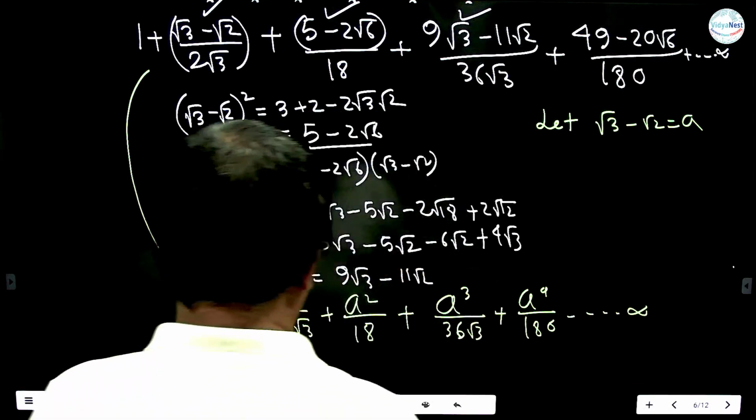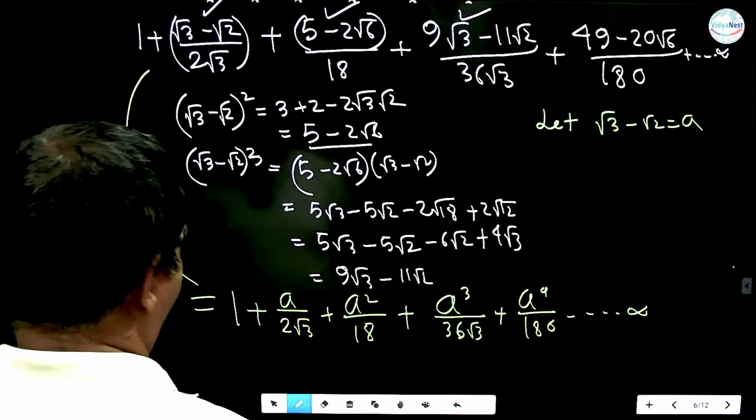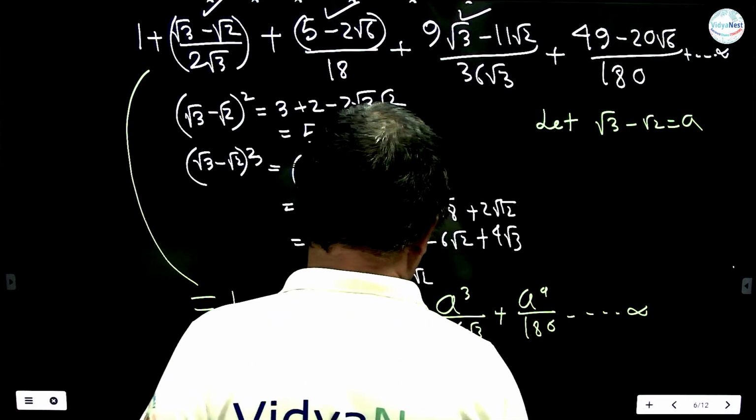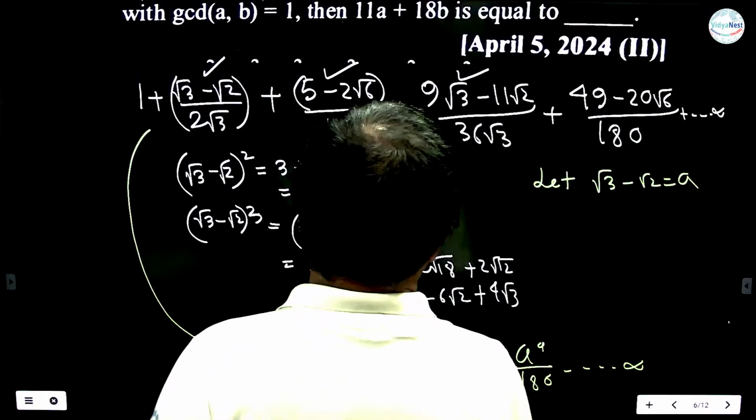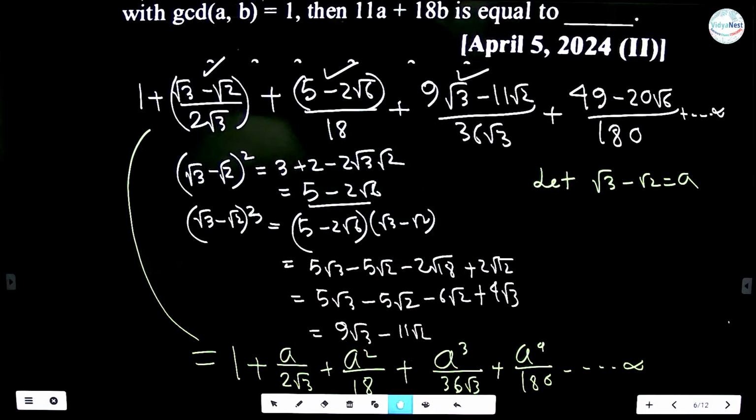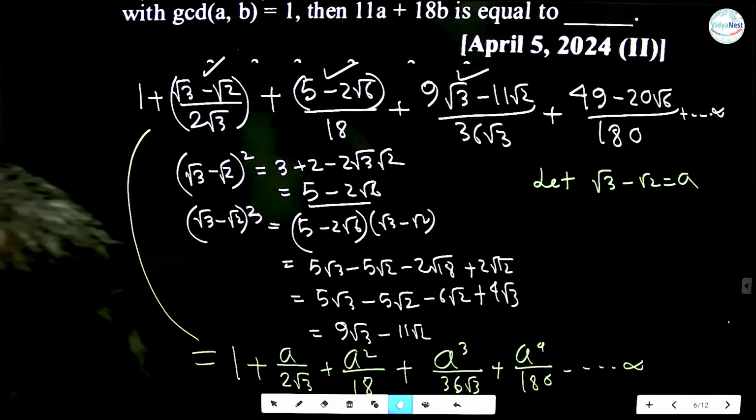So this much simplification is done. After that, more simplification is required. Just wait. We have to find it.